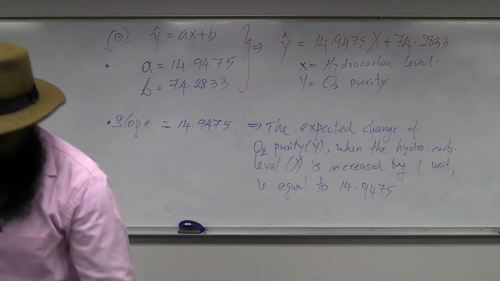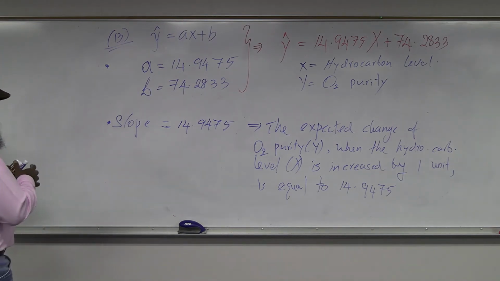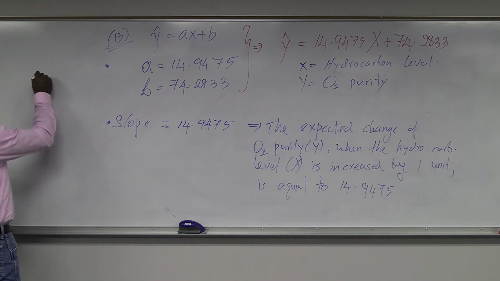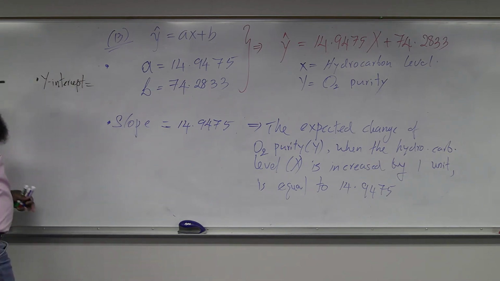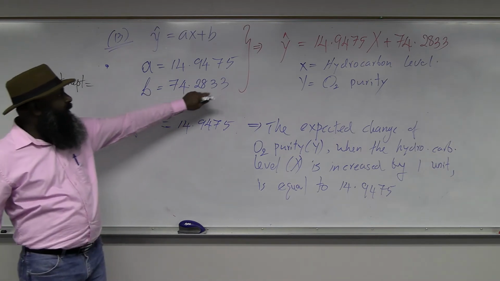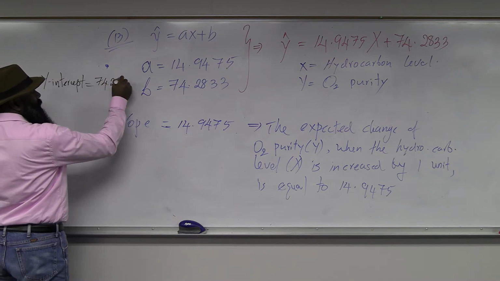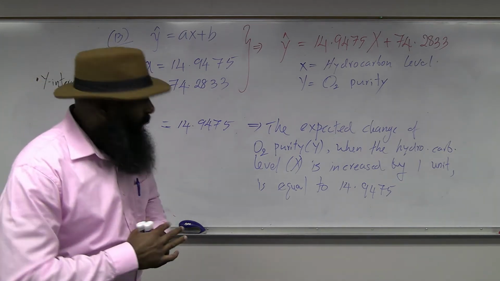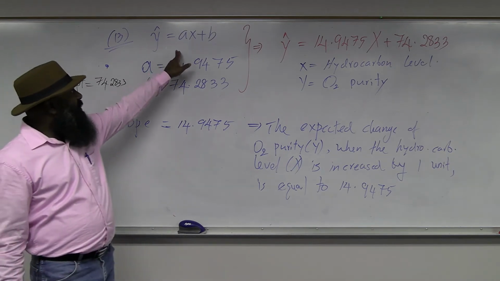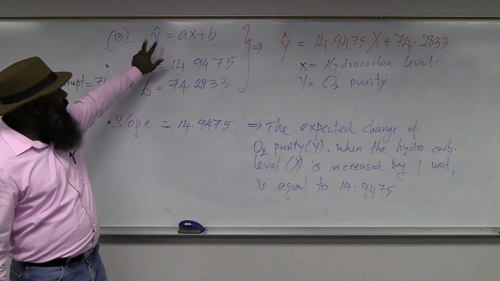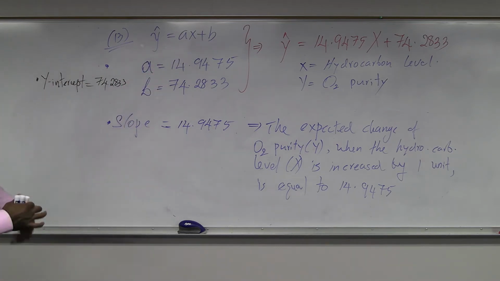And then I need to interpret the y-intercept. So the y-intercept is equal to the value of b, which is 74.2833. So how do you interpret the y-intercept? We said y-intercept is the expected value of the response variable when x is equal to 0. So we will write it as that.